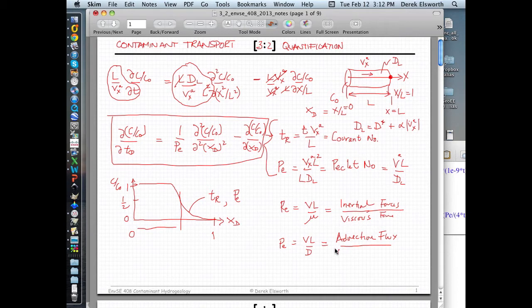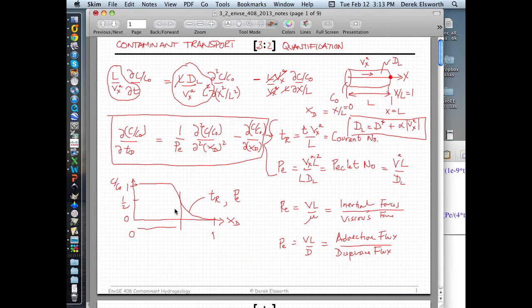So when it's equal to 1, they're about equal. When it's equal to 0, then dispersion dominates. When it's more than 1, then advection dominates. And that's important because, I'm kind of digressing, it also says something about this expression here. Maybe we'll come back to that after I've made my other points.